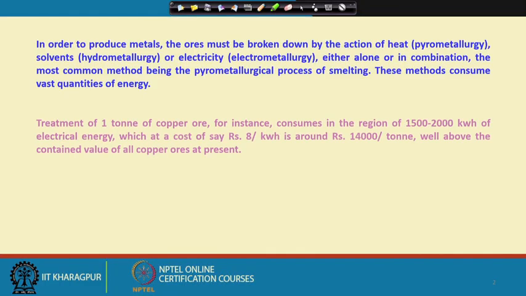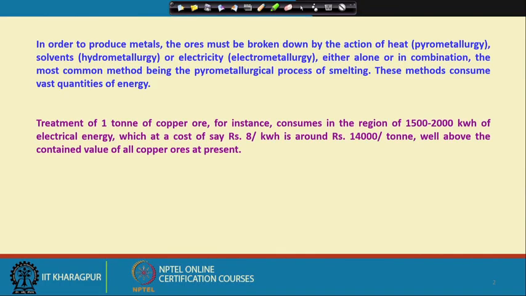Now imagine if my input cost, in the form of energy to extract the metal, is more than the metal cost itself, then what will happen? I am at a loss. So the business is not going to become sustainable.